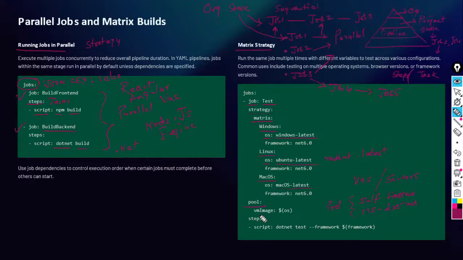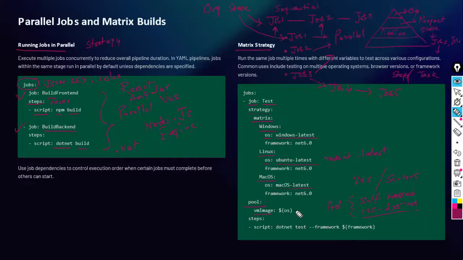Now here, whenever I'm saying VM image, I am basically using a Microsoft hosted server. And that hosted server is using $OS. Now, can anybody tell me which OS I'm going to use? What is that $OS? It is basically the matrix. It follows that matrix strategy.